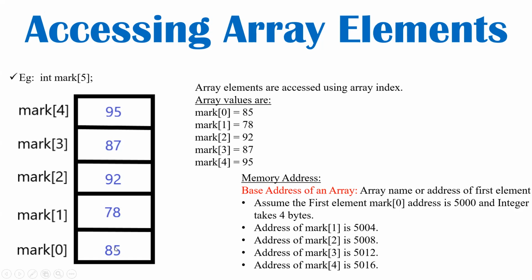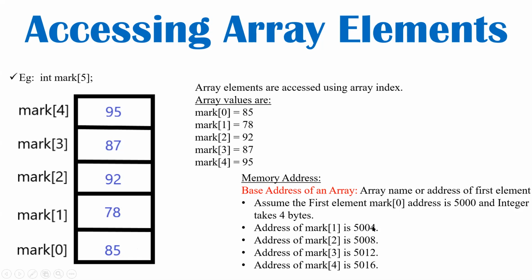So the first element is stored at memory location 5000, taking 4 bytes: 5000, 5001, 5002, 5003. These 4 bytes are occupied by the value 85. The address of mark 1 is 5004. So 78 is stored in 5004, 5005, 5006 and 5007. The address of mark 2 is 5008.